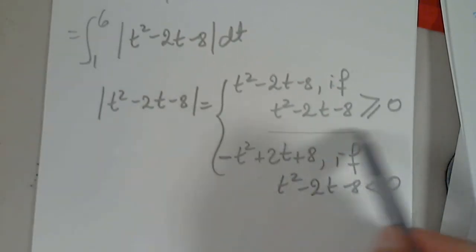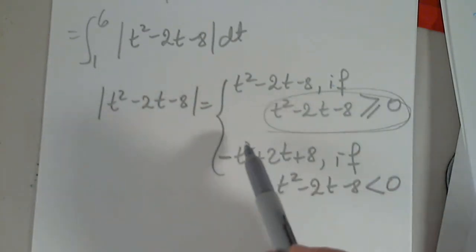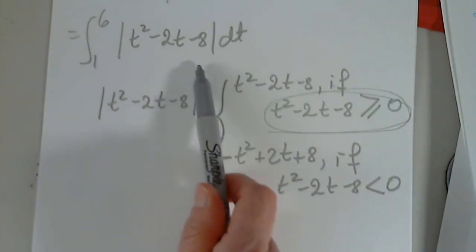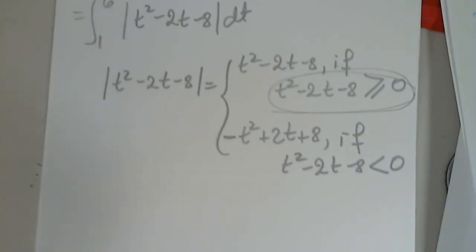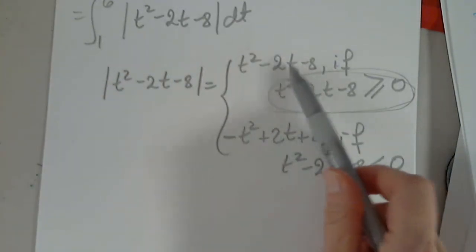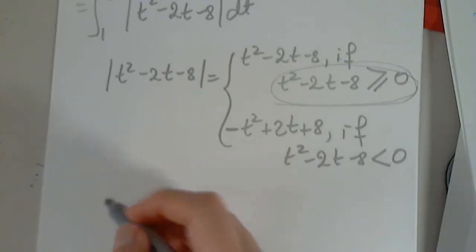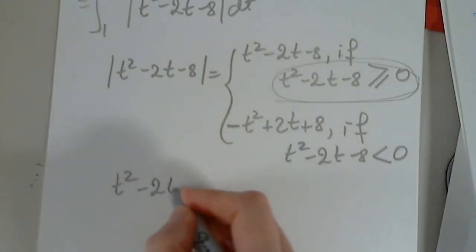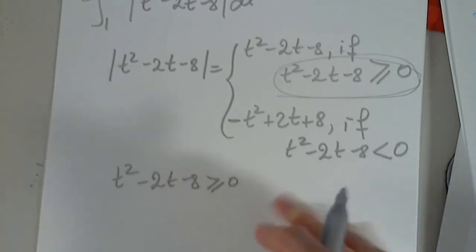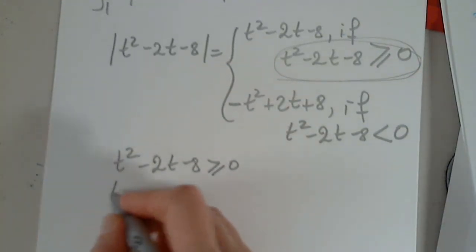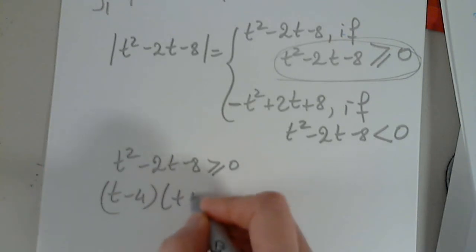So now I have to solve this inequality and then break up the integral into two integrals, of course. One from this and one from this. But I have to solve the inequality because I don't know where it breaks. So t squared minus 2t minus 8 greater than or equal to 0. We factor into t minus 4 and t plus 2.